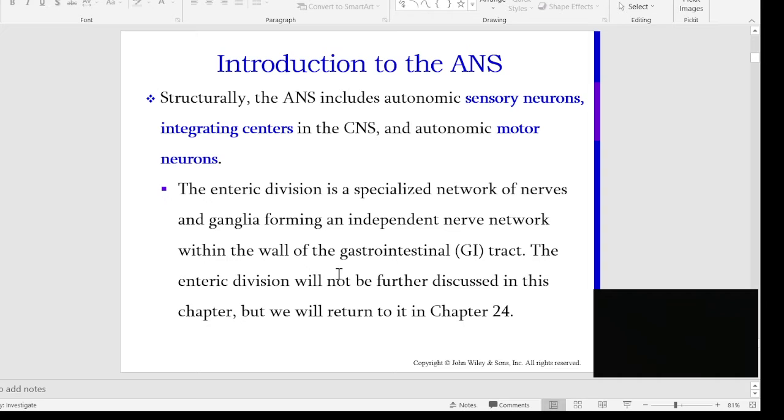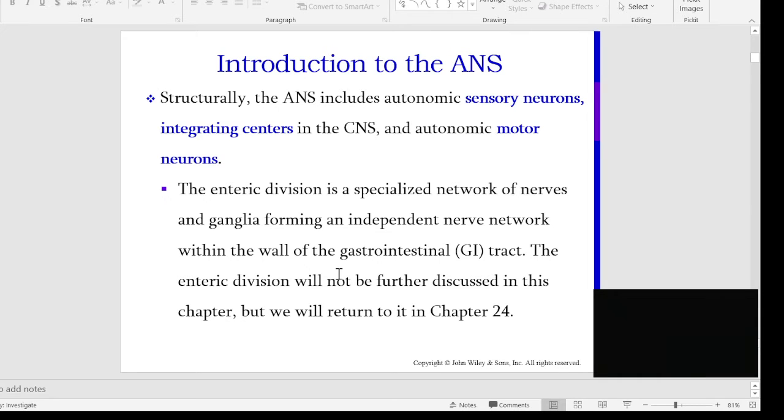All of these sensations are integrated in the cerebrum or in the cortex, and then the response is sent to your internal organs and other involuntary organs in the body.